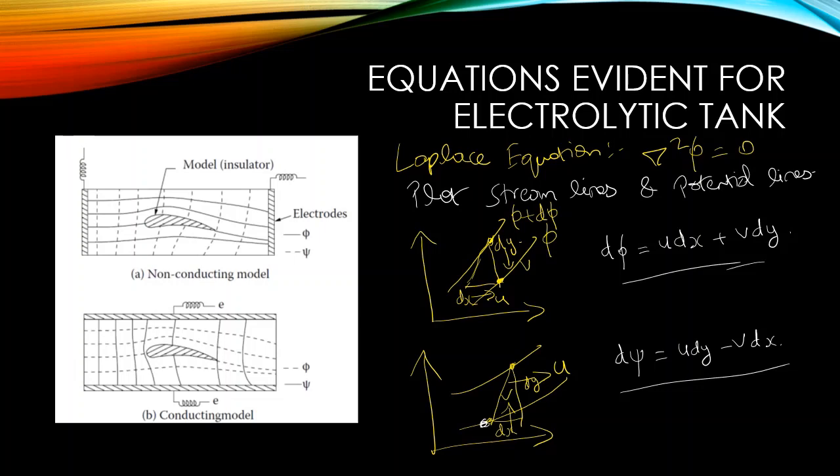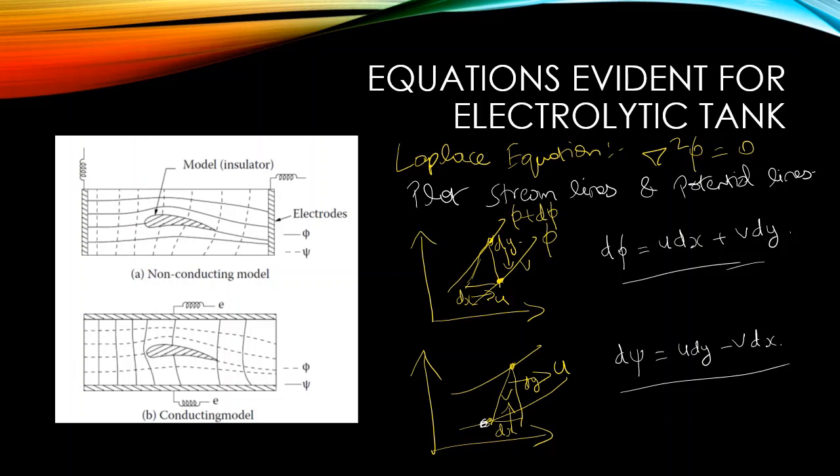You are going to measure two types of function: one is the electrical potential function and the other is the electrical current function. We are going to plot these. When you plot these two different kinds of functions, they are said to be analogous to the potential line and streamline equations.